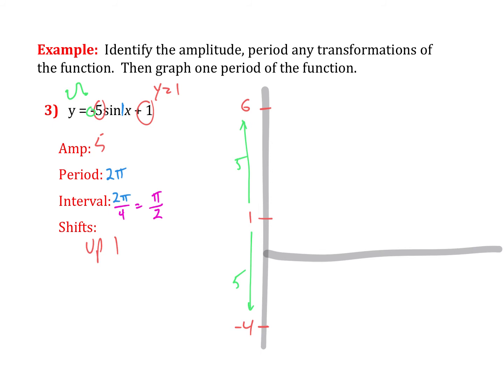To label up the x-axis, we'll put our period value at the end, 2 pi. Then we'll chop that in half and chop each half in half. Our intervals that we're counting by are pi halves. So 1 pi over 2, 2 pi over 2, 3 pi over 2. 2 pi over 2, that reduces down to just plain old pi.